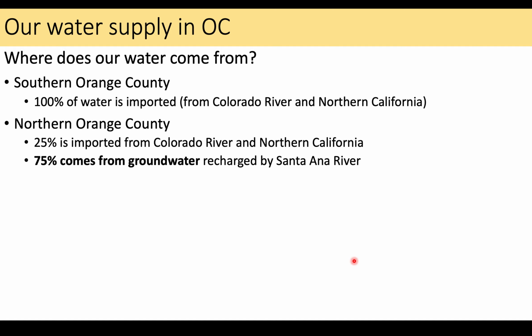In Northern Orange County, so that's where I am right now, about 25% is imported from Northern California or from the Colorado River, and about 75% of water comes from groundwater that is recharged by the Santa Ana River, which is not very full most of the year. So Southern Orange County down by Saddleback, 100% of the water that is used is imported. It all comes from somewhere else.